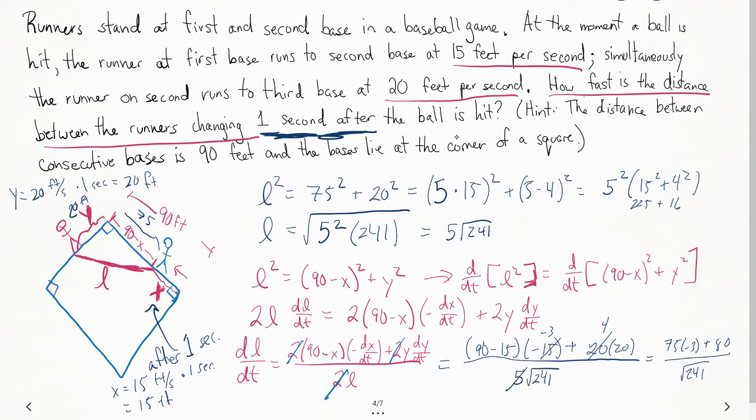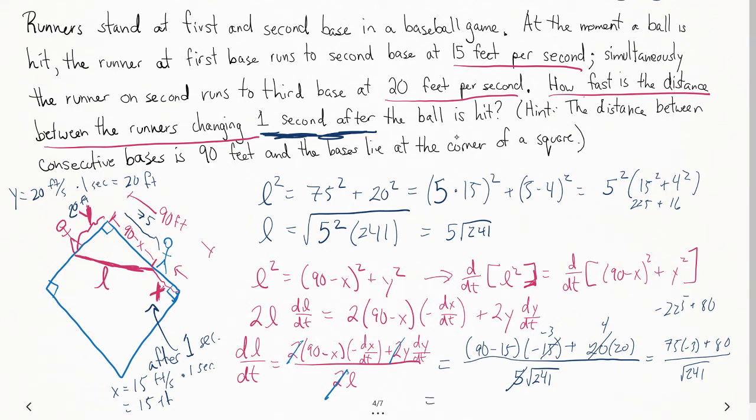And so what does that make? That's going to be negative 225 plus 80, and so that would be negative 145, I believe. You could leave it right here, to be honest with you.